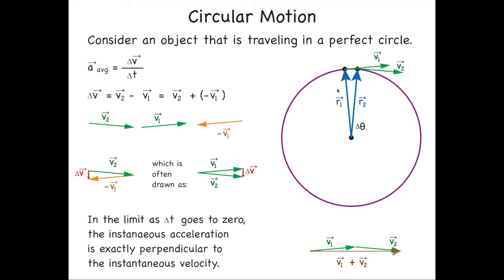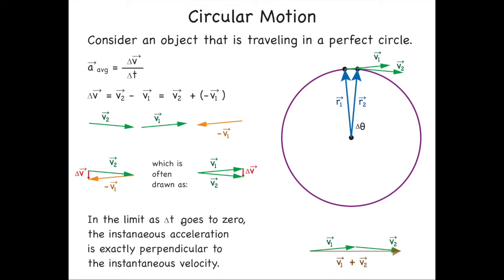In the limit that the time slice becomes infinitesimally small and approaches zero, the difference between the first velocity vector and the second velocity vector shrinks to nothing, and the instantaneous velocity vector at either point becomes parallel to the average velocity vector. Now remember, the change in velocity vector, the vector that represents the change in velocity, was straight down, while the average velocity vector is straight to the right.